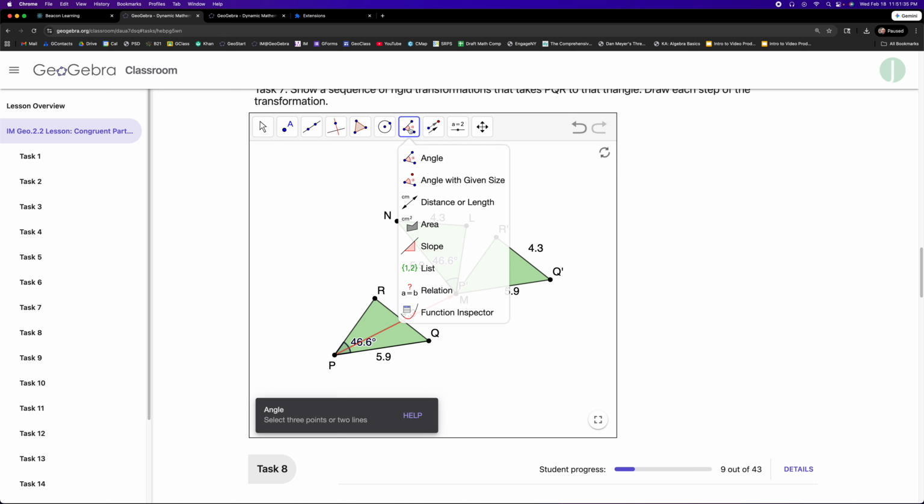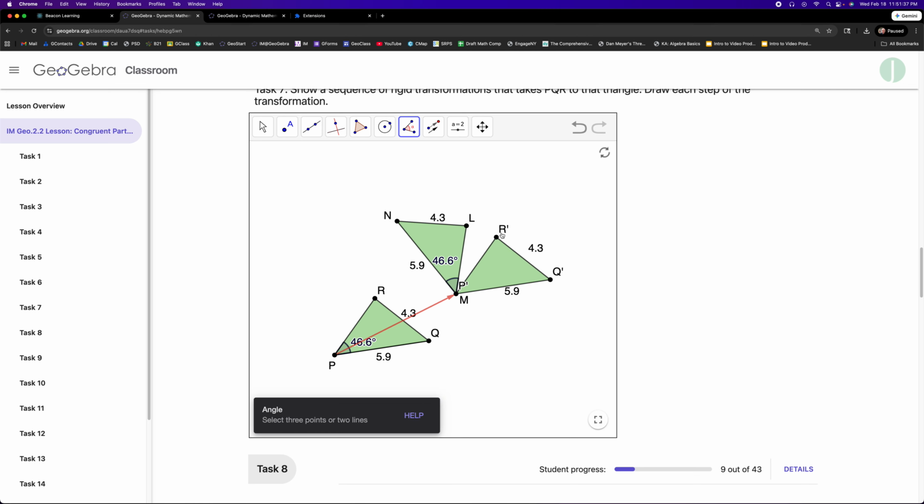I'm going to use the angle measure tool, click on the R prime, then the M, and then the L, and we're going to get a number. Okay, 26.15. Everybody remember that. But that's not going to work because this is just a video. So 26.15 is how much we're going to rotate this so that it lands up there.